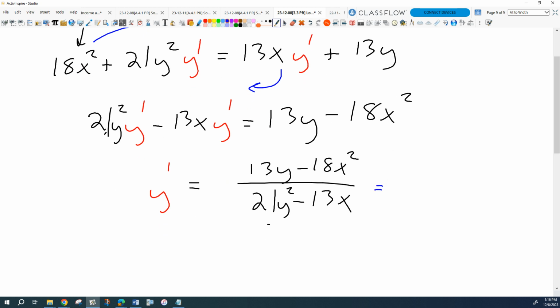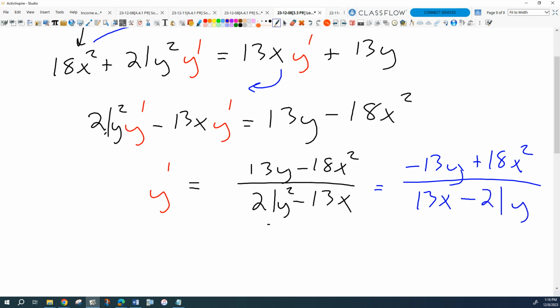What you should have had was negative 13y plus 18x squared divided by 13x minus 21y squared, right? And what you did, though, is you put that negative out front.